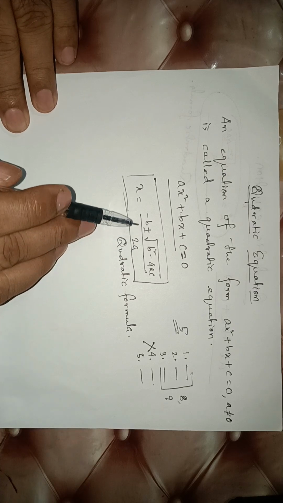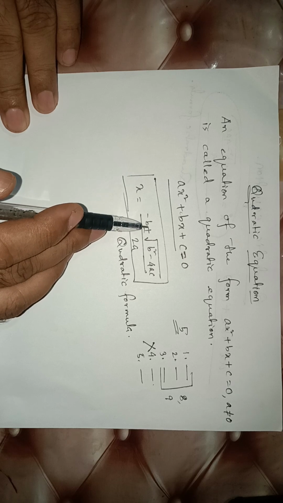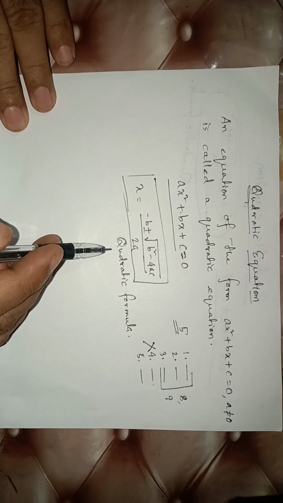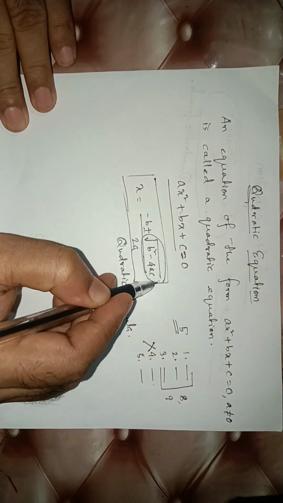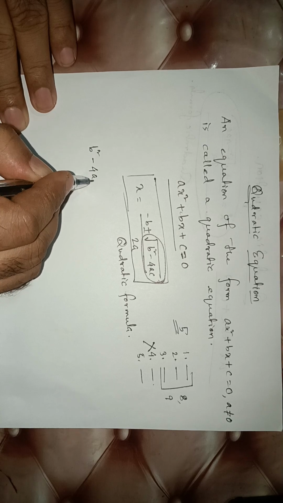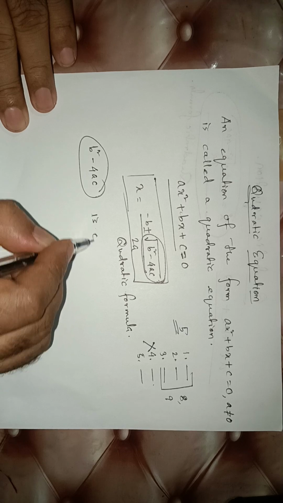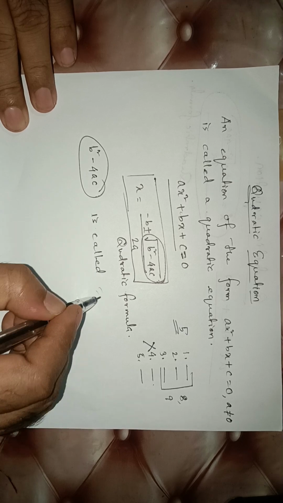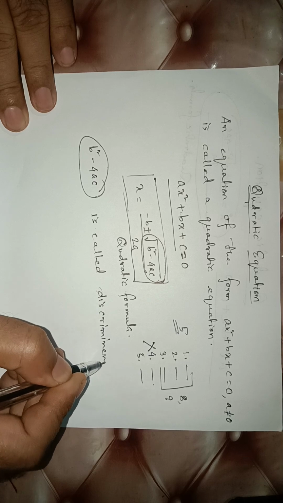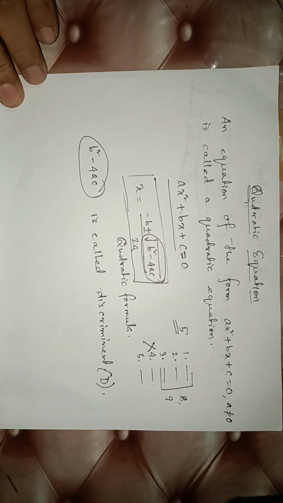Just remember this formula, x equal to minus b plus minus root over b square minus 4ac, divided by 2a. This b square minus 4ac, without the root, is called the discriminant. You can say capital D also, discriminant.